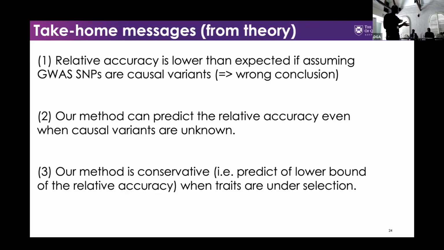I think this was a strength of that approach. But we can obviously think about improving that method if we bring fine mapping tools into it. And a very quick comment: our method is still conservative because it doesn't fully account for the genetic architecture, and especially for things that are shaped by natural selection.